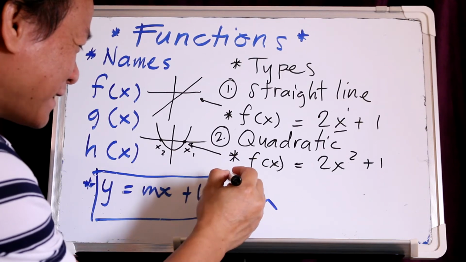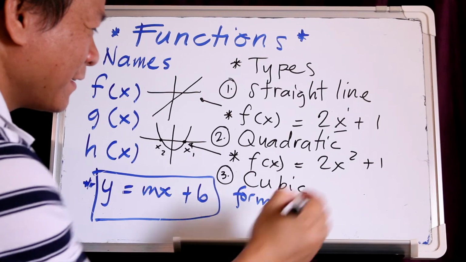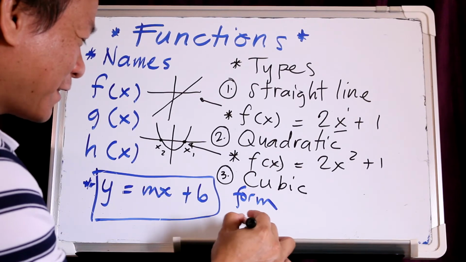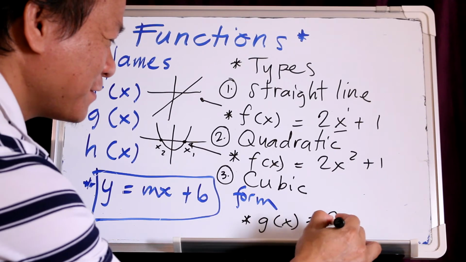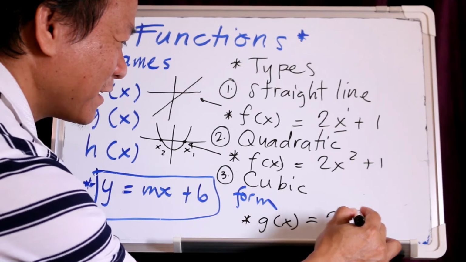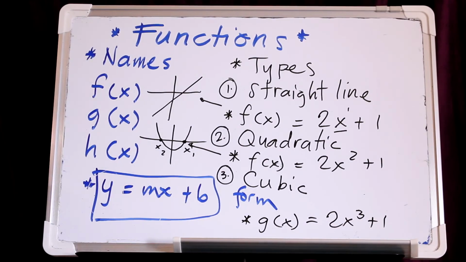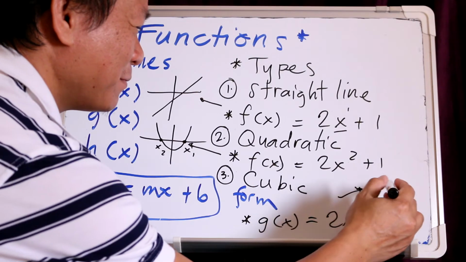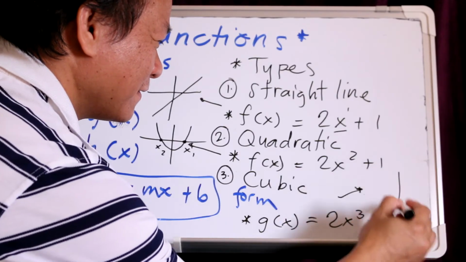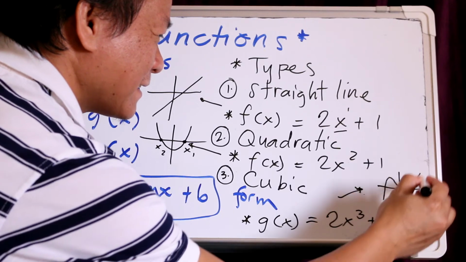So we call that a cubic function. So for cubic, you're going to have, let's say, g(x) equals 2x cubed plus 1. For this case, the graph would be like that.